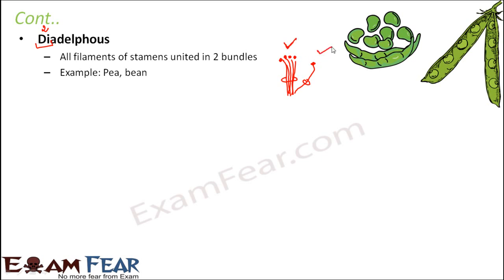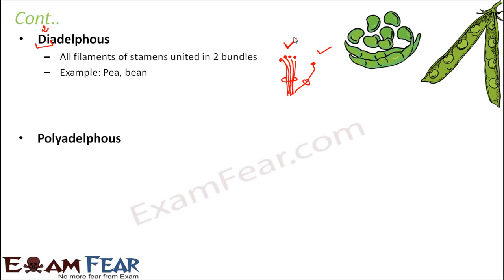So you have two bundles of filaments. So this is known as diadelphous. And these two bunches might not be equal. Maybe the first bunch has 10 filaments, whereas the second bunch has only one filament. That is very much possible. So it is not necessary that both the bundles should have the same number of filaments.